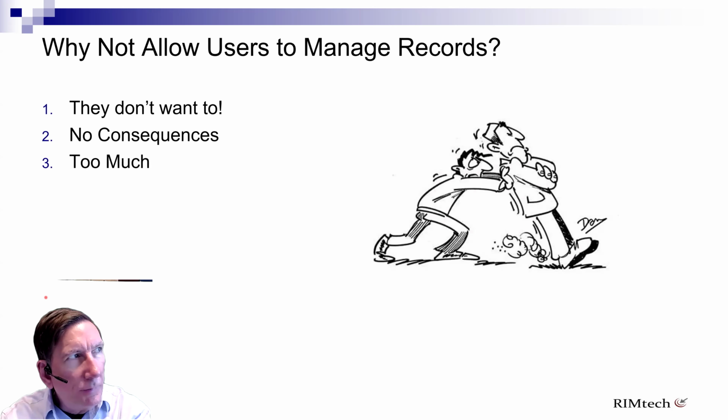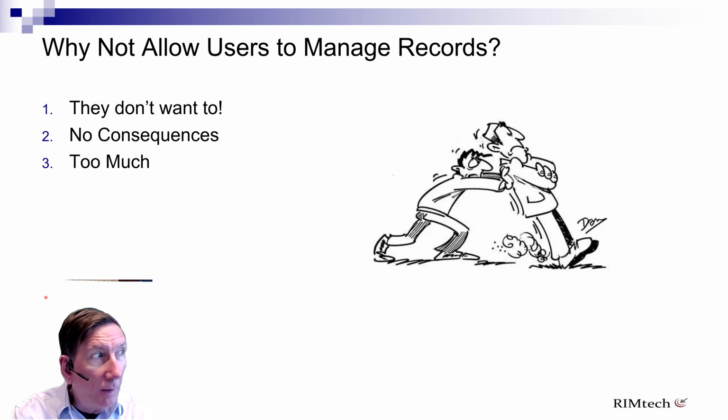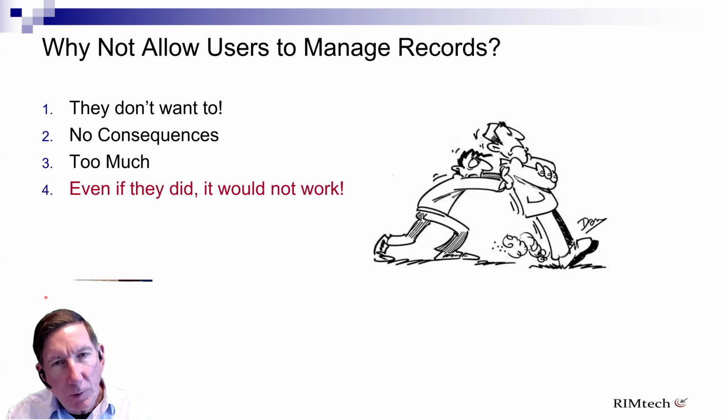Number three is many people tell me, it's too much work. I've already got enough to do. Now you're adding more administrative overhead and burden on top of what my workload is now. I already feel underpaid and overworked as it is. So no, I don't want to do that. This is the one I'd like you to concentrate on for today.